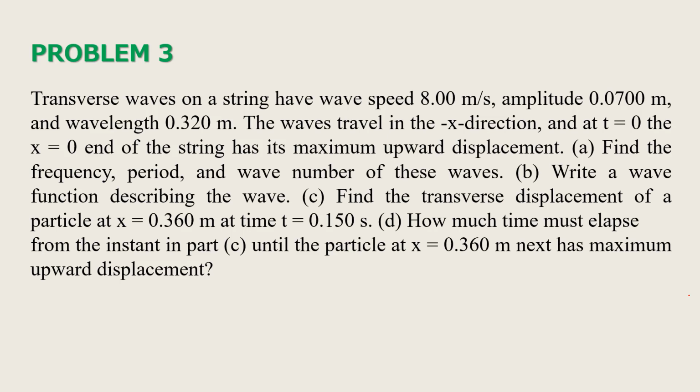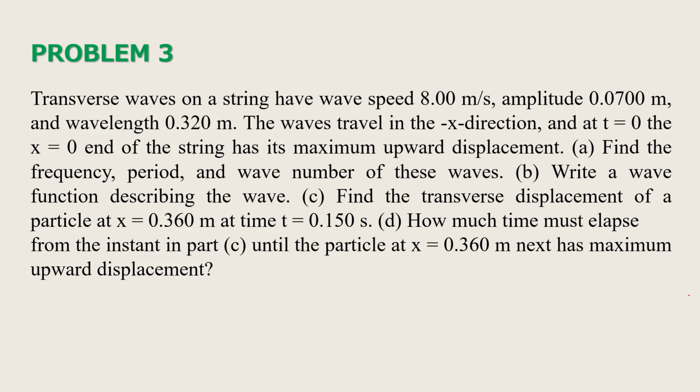Now, transverse waves on a string have wave speed equal to 8 meters per second, amplitude equals 0.07 meter, and wavelength 0.320 meter. The waves travel in the negative x direction, and at time t equals 0, the x equals 0 end of the string has its maximum upward displacement. So find the frequency, period, and wave number of these waves.